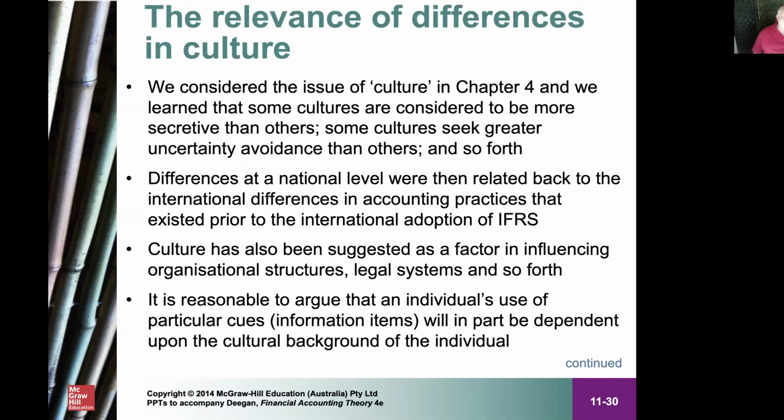Culture has been suggested as a factor in influencing how organizations are structured, legal systems, even things like the risk-taking, the size of the organization. Now, it's reasonable to argue that an individual's use of cues will be dependent on their cultural background. People from one country may see some particular piece of information as far more important than people from another country.